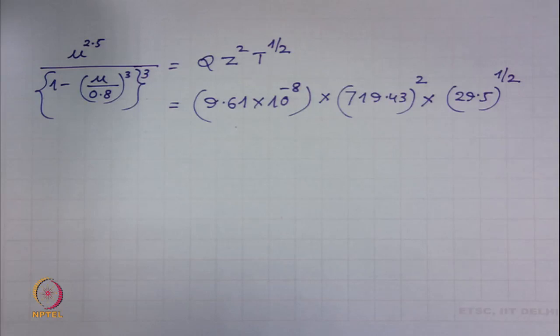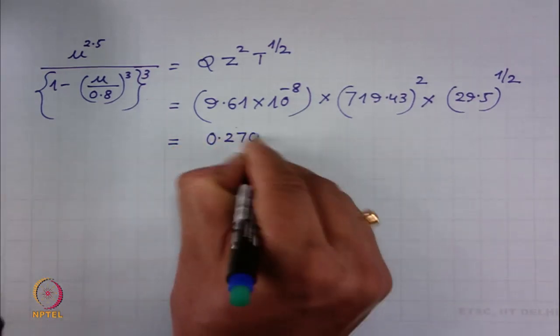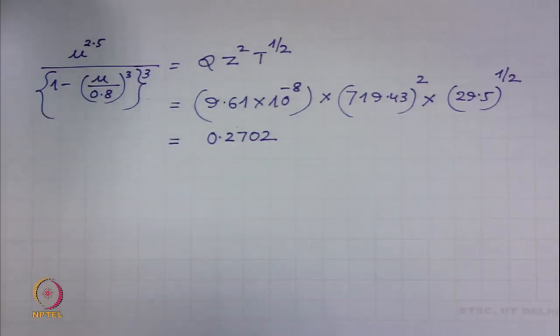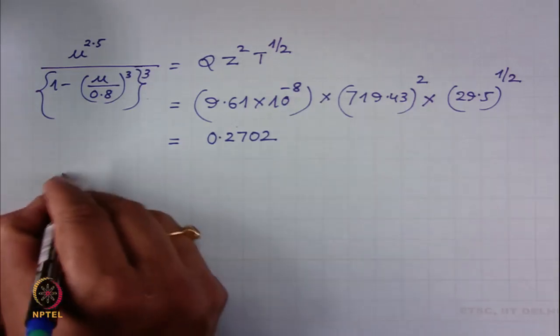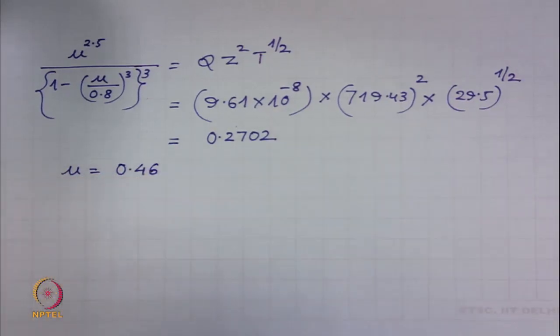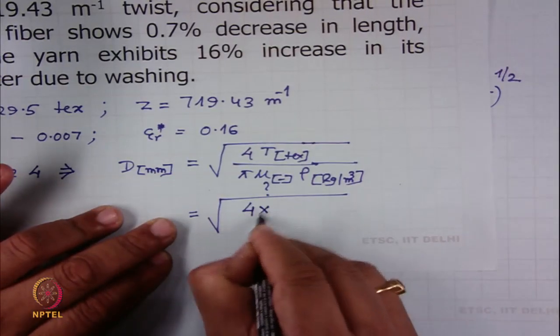This value you will see will come as 0.2702. If you solve this by using a suitable numerical technique or by a table prepared before, please refer to module 4, then you will find mu is equal to 0.46 for this yarn.